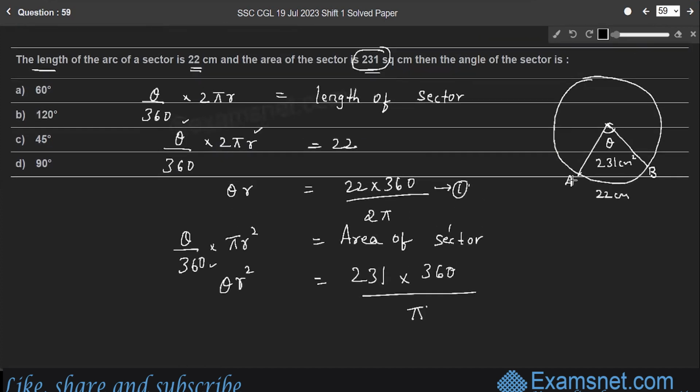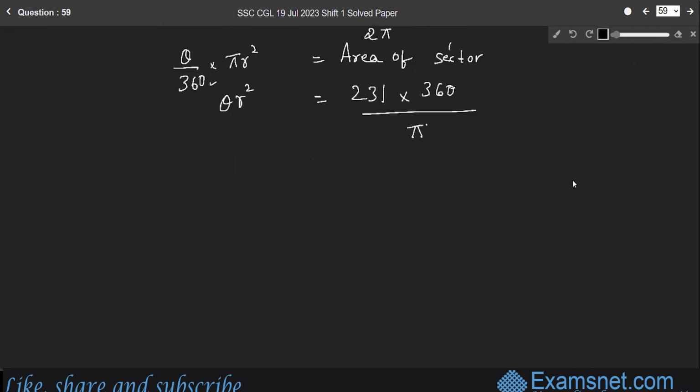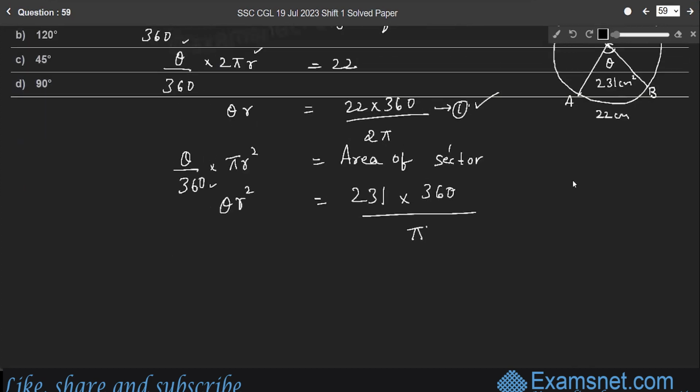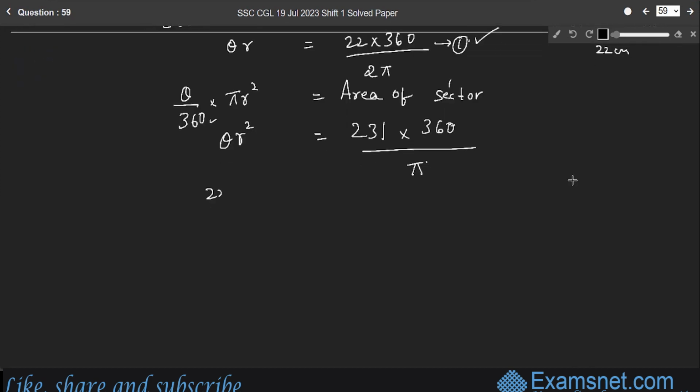So in that, substitute the value of theta r. Theta r is 22 into 360 by 2 pi, into one more r here, is equal to 231 into 360 by pi.